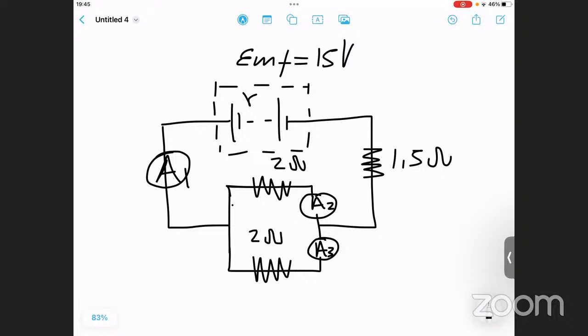So now let's see. You've got that, you can calculate. What is it that you know? I will need to provide something there. Let's say the reading there is 1,5 amperes.